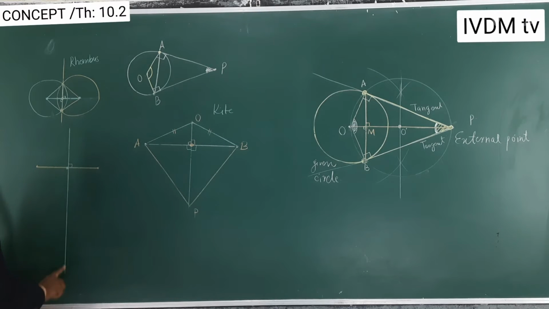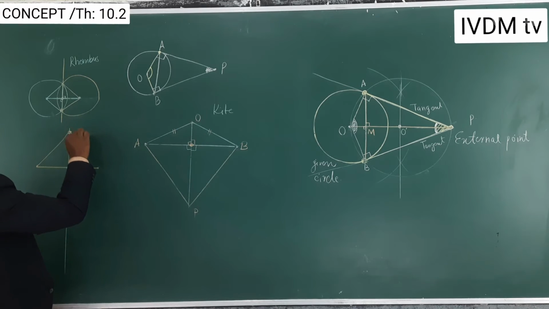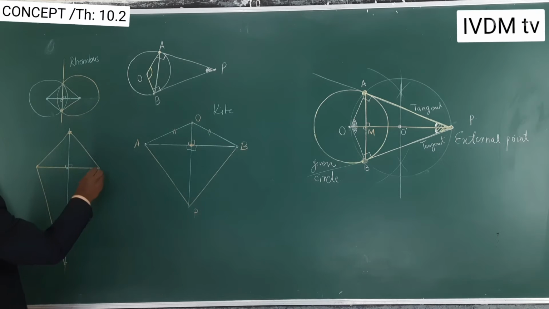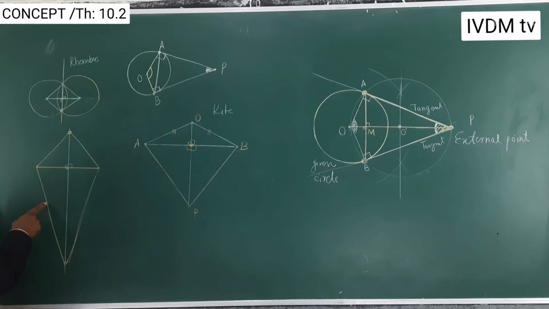Then, if you take all the points on this line, you will get a kite. If you take any point here, because this is a 90° bisector, this will be a kite. This one is equal to this one, equal to this, and this is 90°.